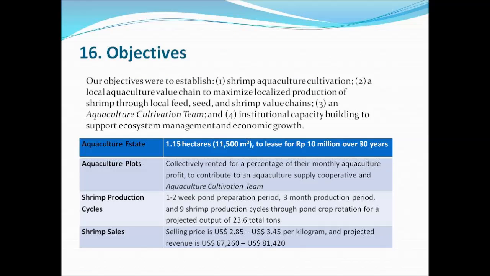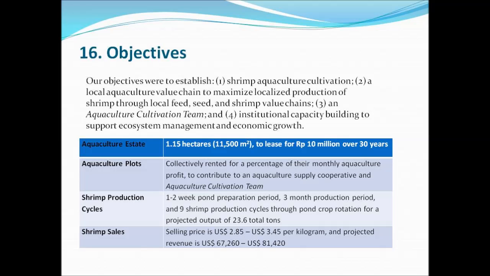And institutional capacity building to support mangrove ecosystem management. So as for some of the hectare numbers, in our proposal we had 1.15 hectares, but not one pond. These were separate entities in one single area, just right next to each other.